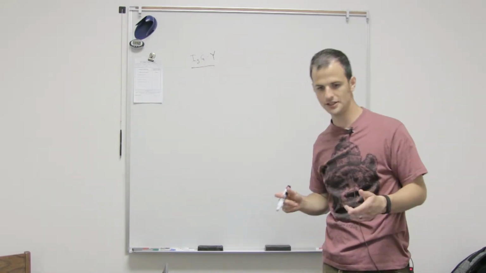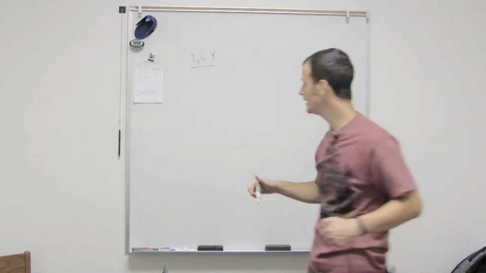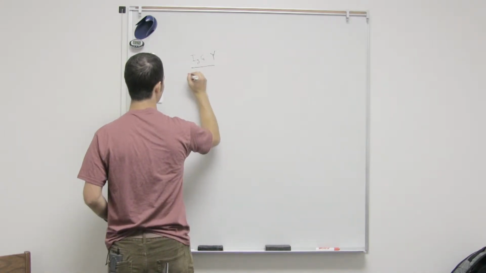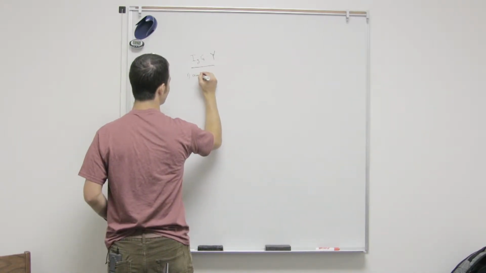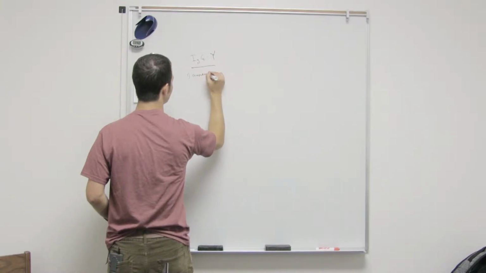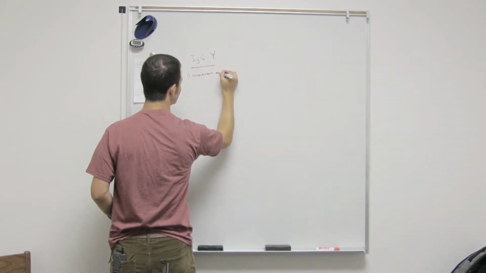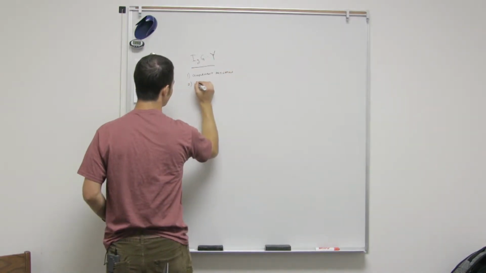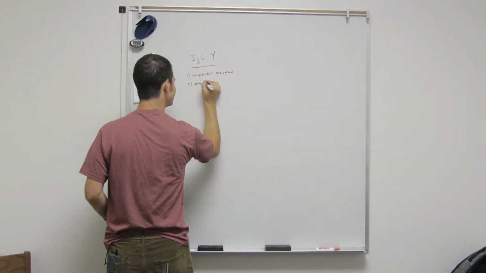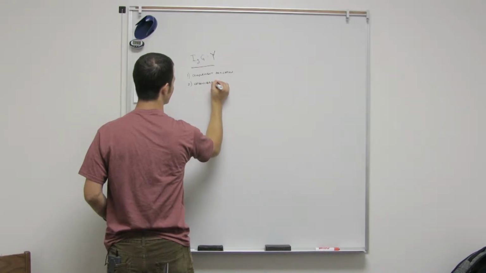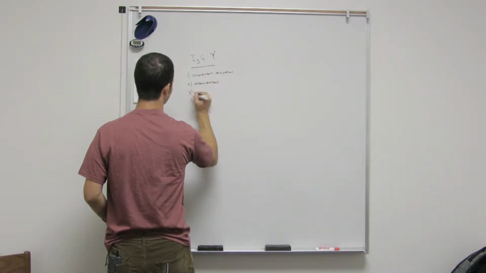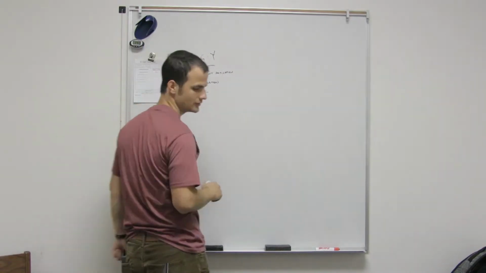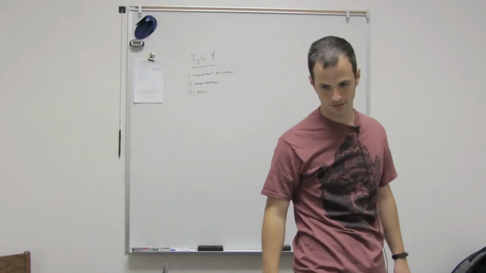So IgG is the most abundant antibody, and it's got three main functions. First is complement activation, something called opsonization, and the ADCC, which is, anybody know?